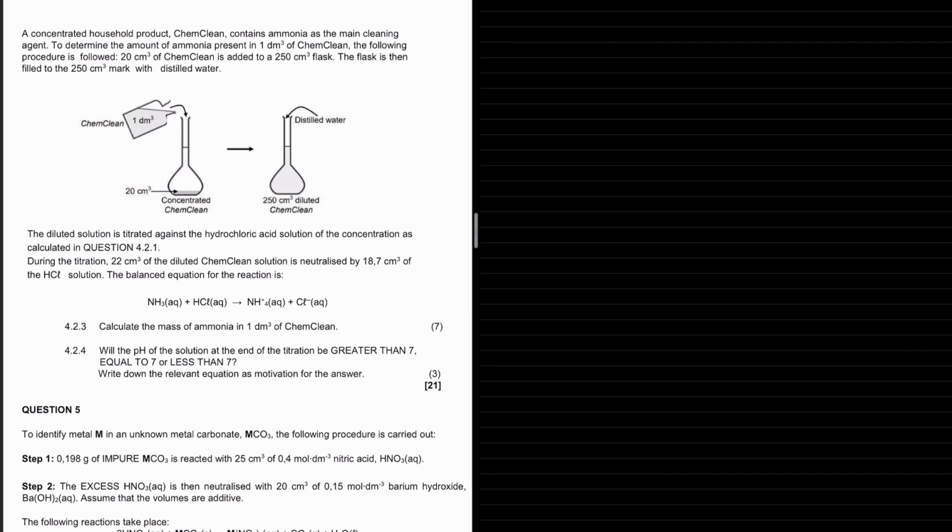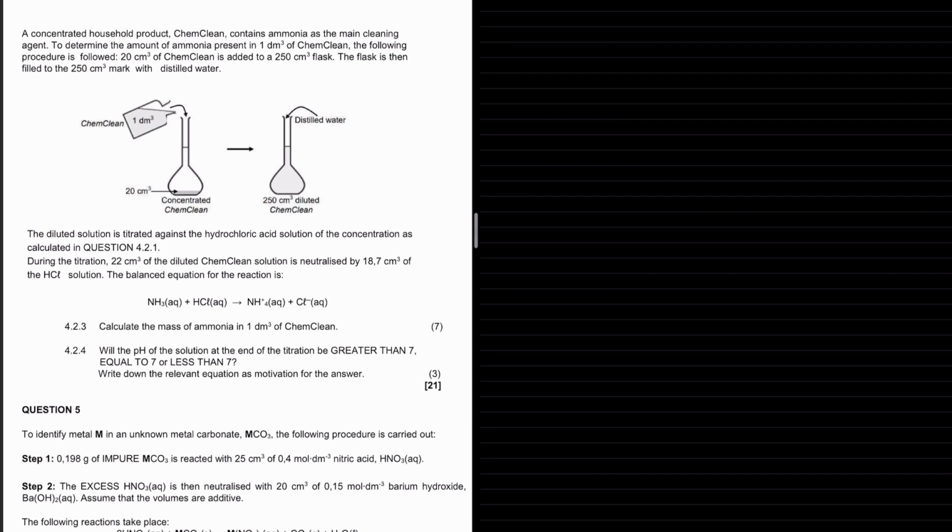The diluted solution is titrated against hydrochloric acid as calculated in question 4.2.1. During the titration, 22 cm cubed of the diluted Chemclean solution is neutralized by 18.7 cm cubed of the HCl solution. The balanced equation for the reaction is given. Calculate the mass of ammonia in 1 dm cubed of Chemclean.